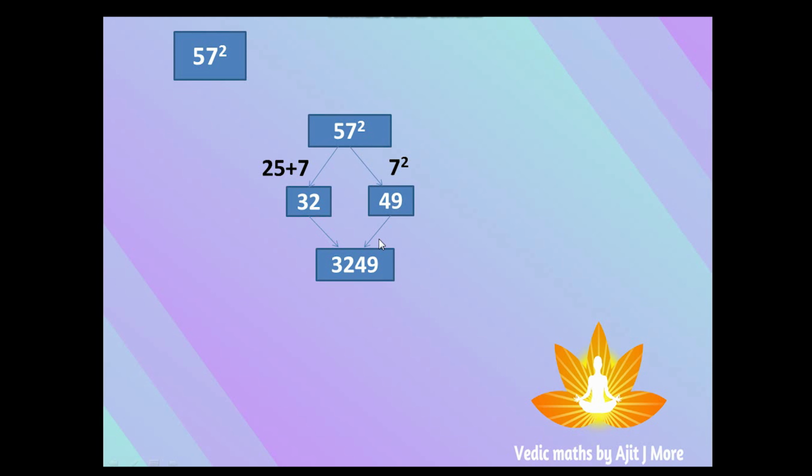But if you're appearing for competitive exams, like school students appearing for Olympiad exams, or college students appearing for entrance exams or company aptitude, they can follow this technique because it is fast. Therefore, the solution of 57 square is 3249.